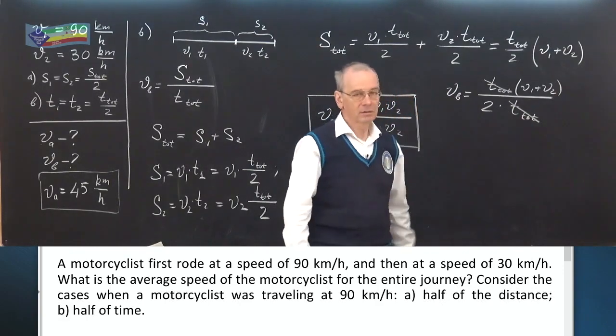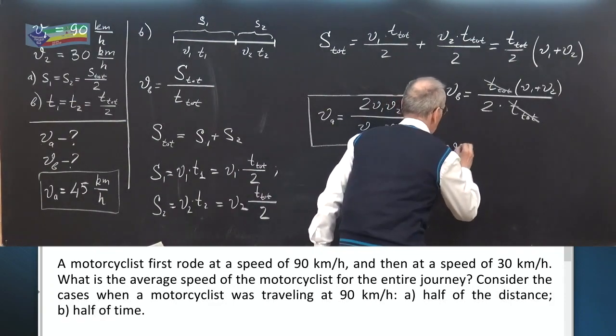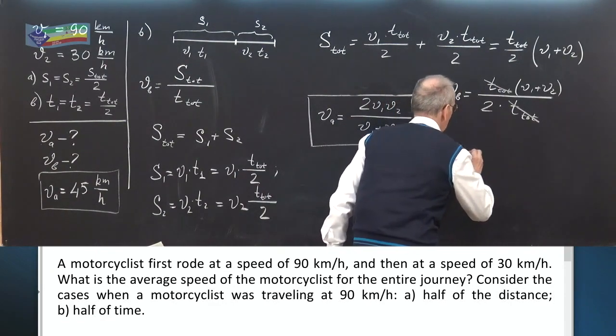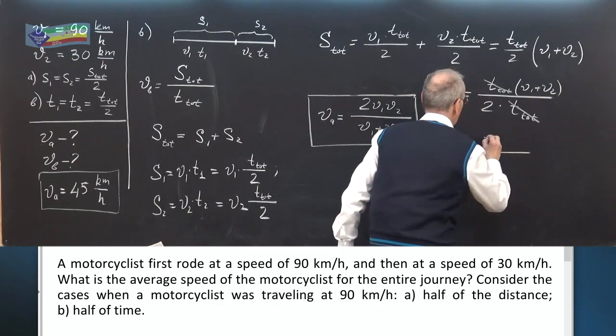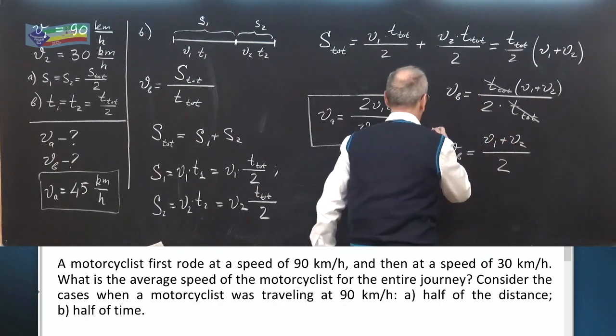T total divides out, and finally we have VB equals V1 plus V2 over 2.